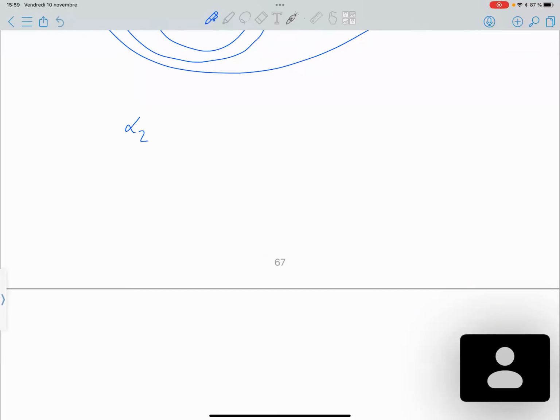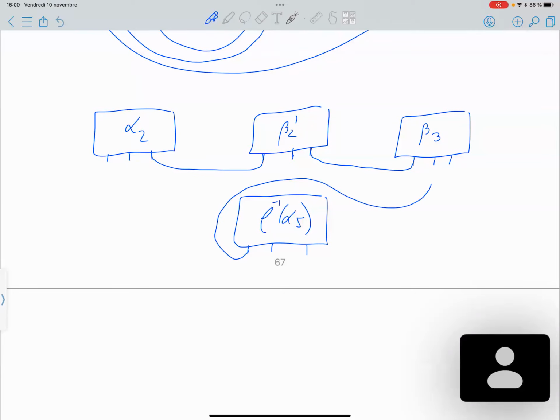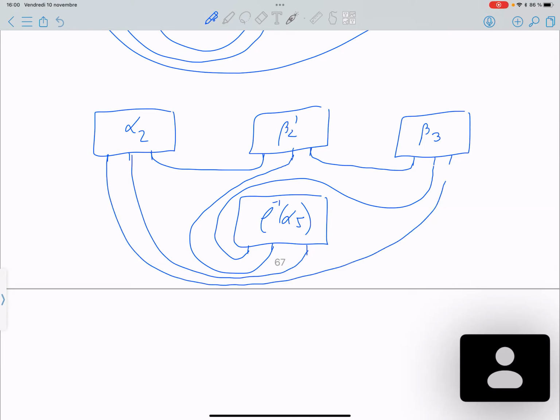And so alpha 2, beta 2 prime, beta 3, rho inverse alpha. That, like that, like that, and finally this one.